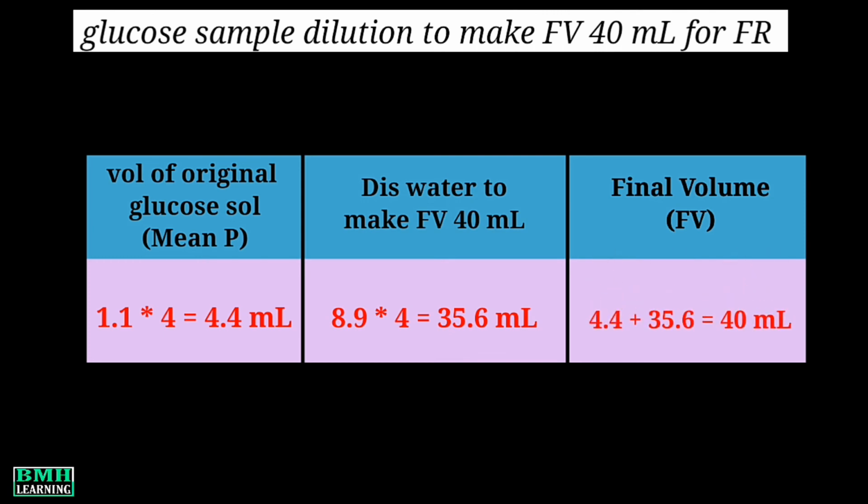So 35.6 ml of distilled water plus 4.4 ml of glucose sample give us 40 ml of final volume to make 4 volumes of 10 ml to take final readings. So we add 4.4 ml of original glucose sample to make 40 ml diluted glucose solution, which is more than enough to make 3 final readings.